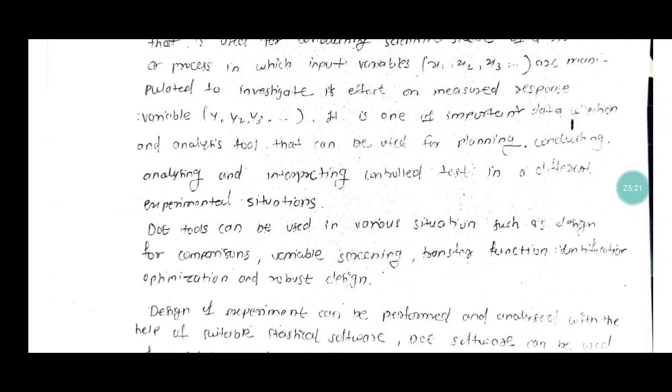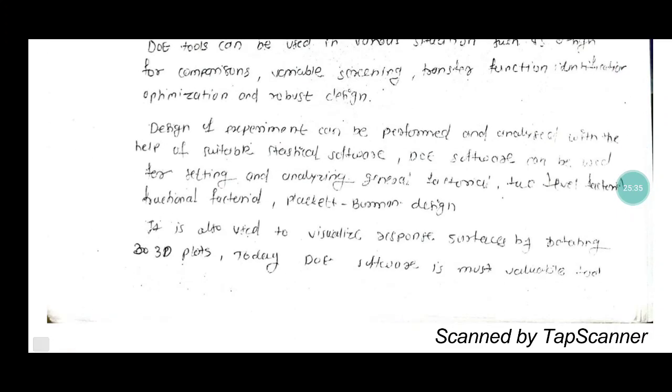So DOE can be a tool used in situations such as design of comparisons, variables screening, transfer function identification, optimization and robust design, where DOE can be performed and analyzed with the help of suitable statistical software. DOE software can be used for setting up and analyzing general factorial, two-level factorial, fractional factorial and Plackett-Burman designs. It is also used to visualize the response surfaces by rotating 3D plots.